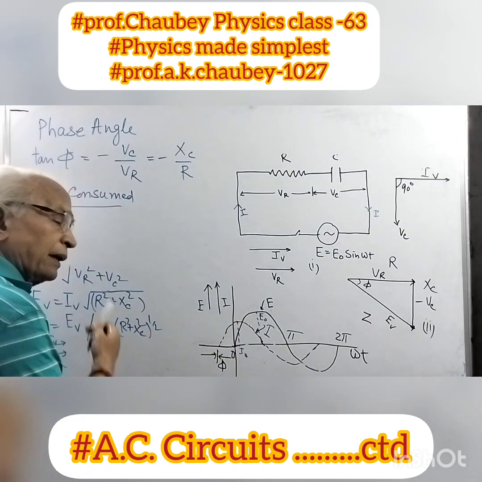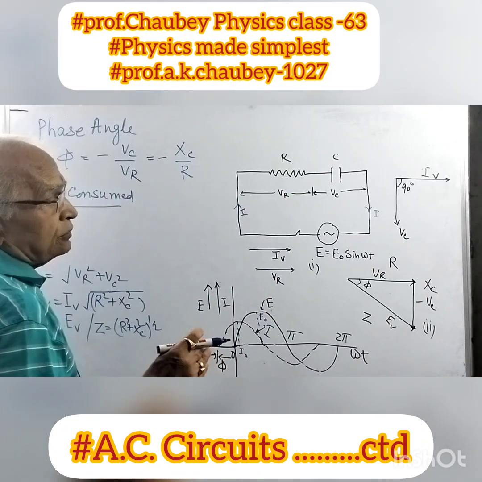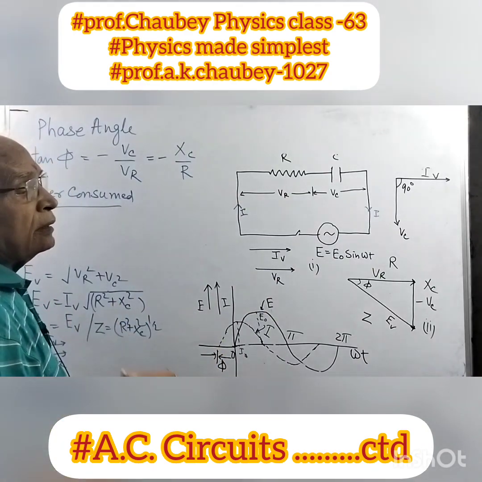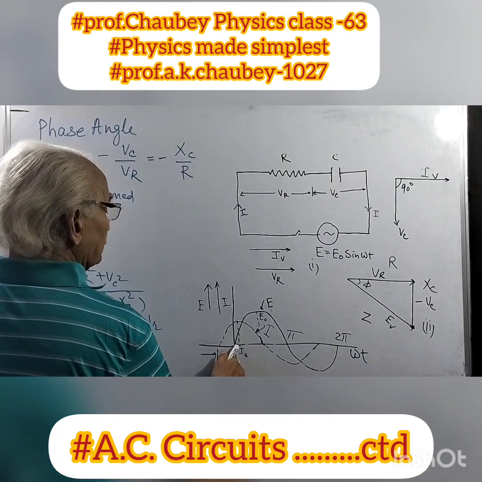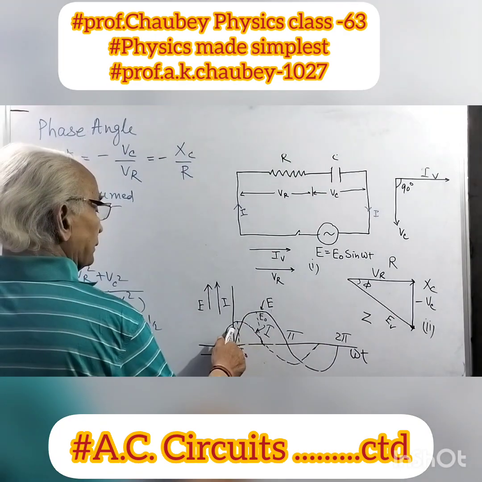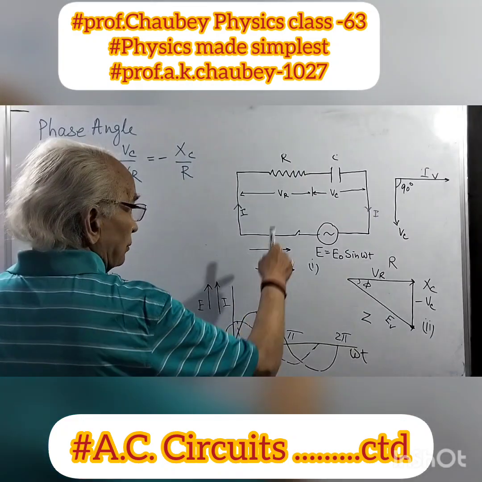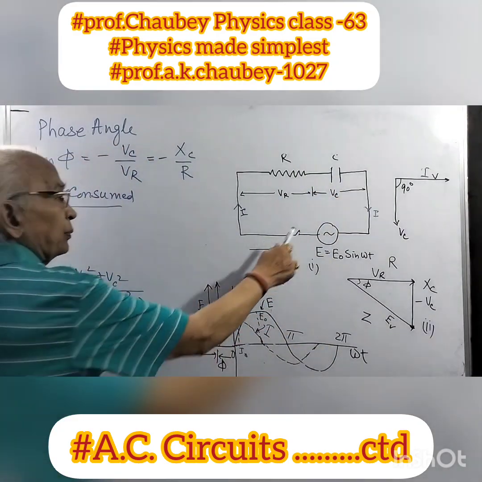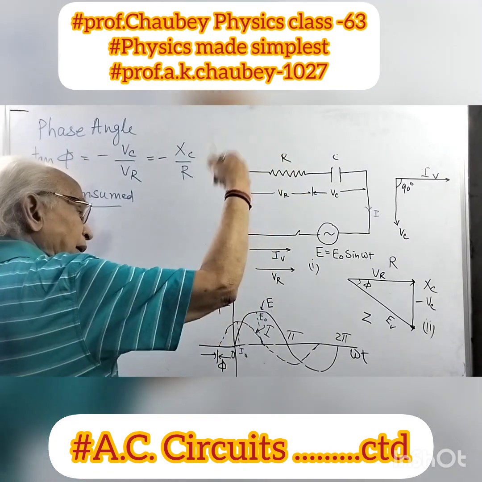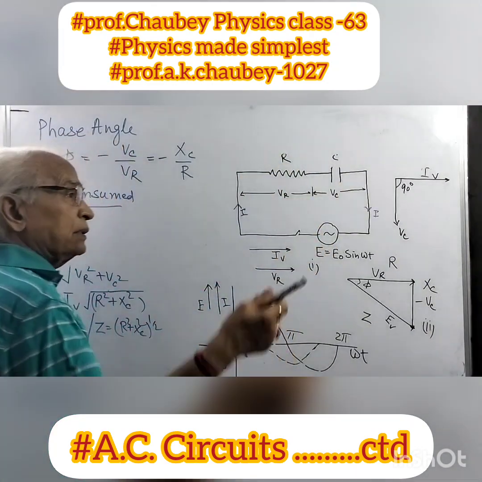So that is the current lags behind, meaning capacitance will not allow current immediately to be maximum. If current here is 0, at that time, because the capacitor is charged, when this potential becomes 0, this starts sending the current, meaning discharging.